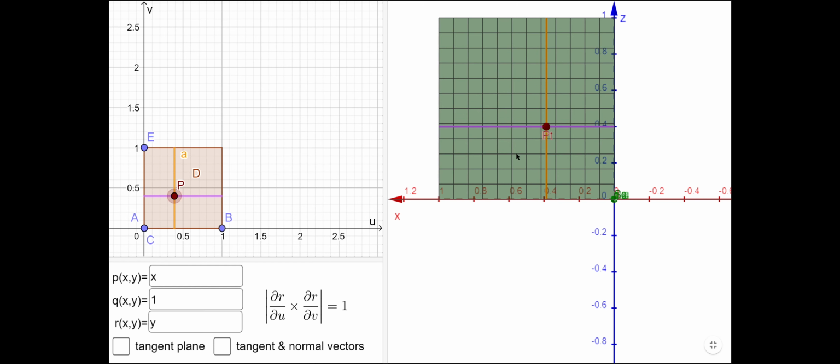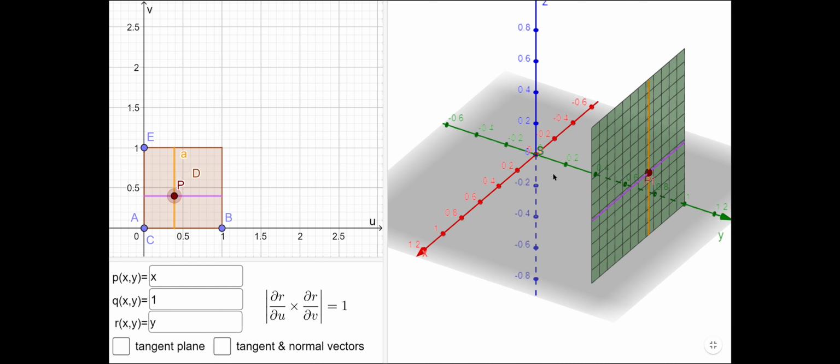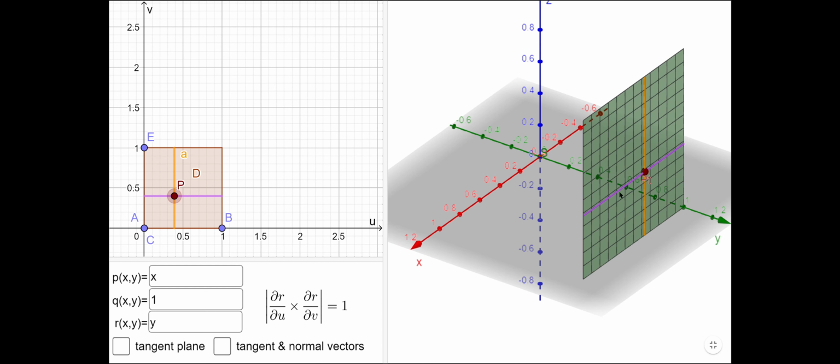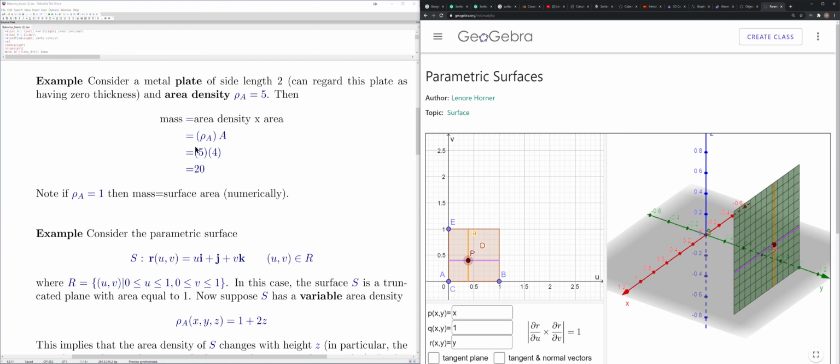So the area of this surface, even though it looks sort of slanted, you could think of it as a face of a cube or the side of a building, and the area of this side is 1. And if I had a constant area density, for example 5, then the mass is going to be 5 times the area, which is 5.